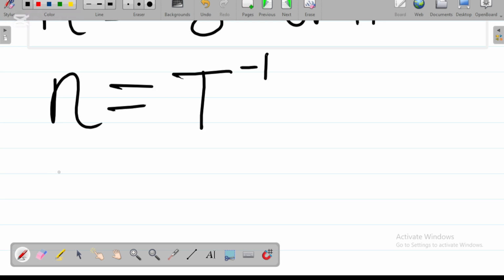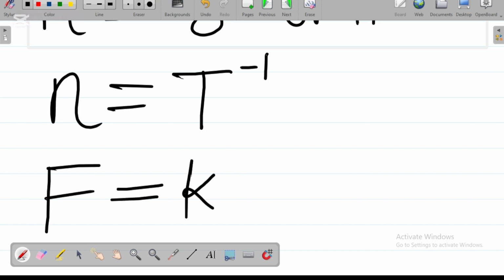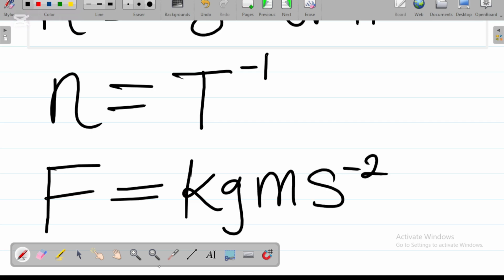The next one is force, F. F is measured in kilogram meter per second square.